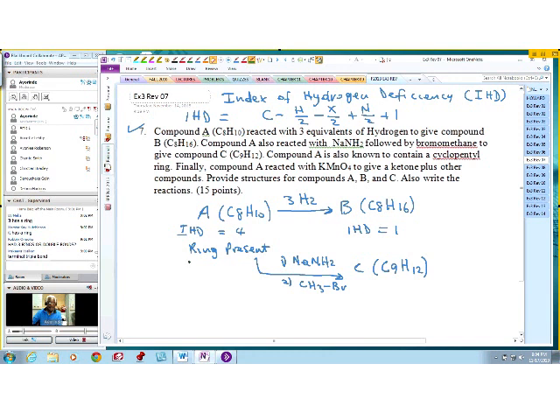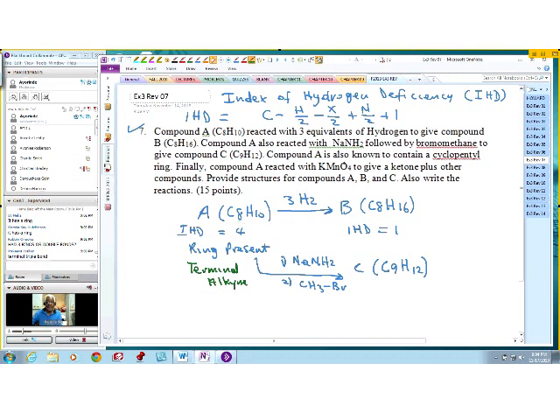Okay? So let us follow this logic here. Terminal alkyne. So we know compound A has a ring. We now know compound A has a terminal alkyne. But we only have 8 carbons here, so let us continue.